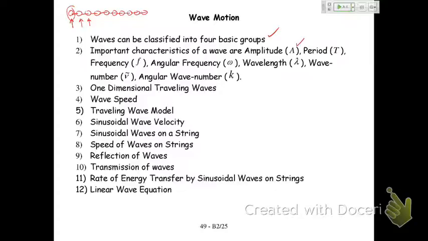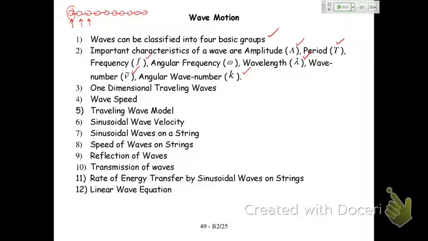We've met amplitude, period, and frequency when we were talking about oscillators, and we can talk about a wave having an amplitude, and the oscillators of a wave having a period and a frequency. But the wave itself would have a wavelength, and the analogy of frequency to that would be the wave number and the angular wave number.